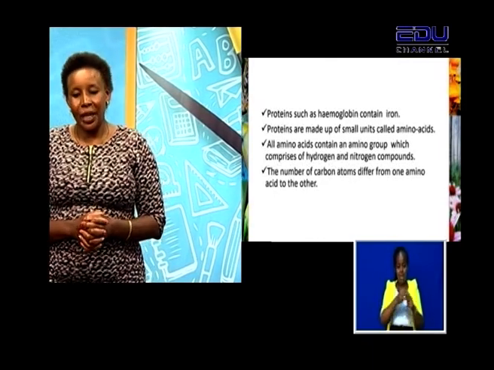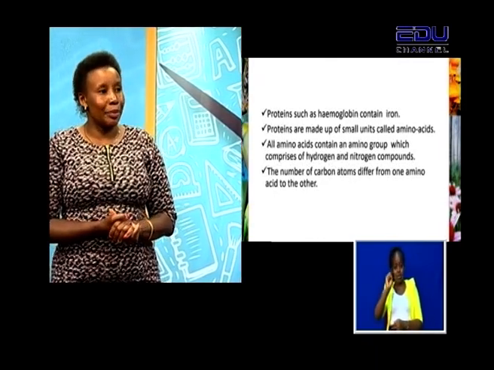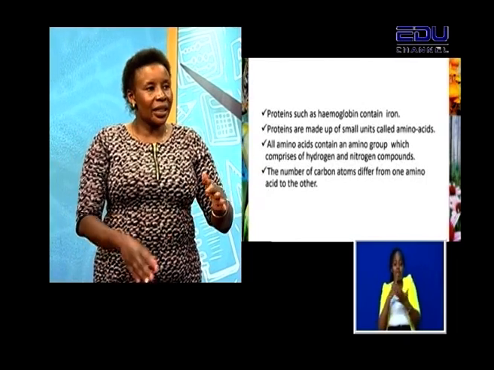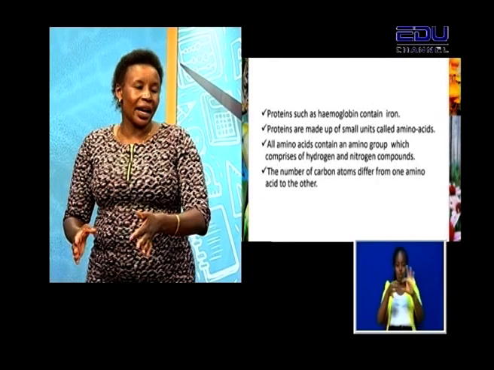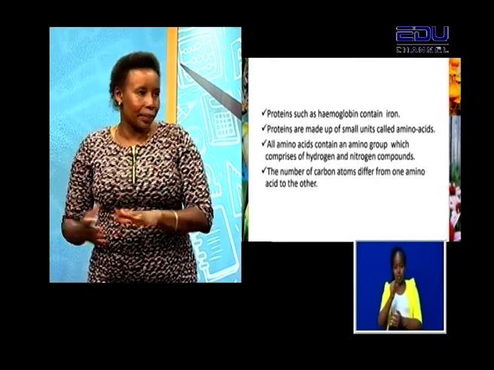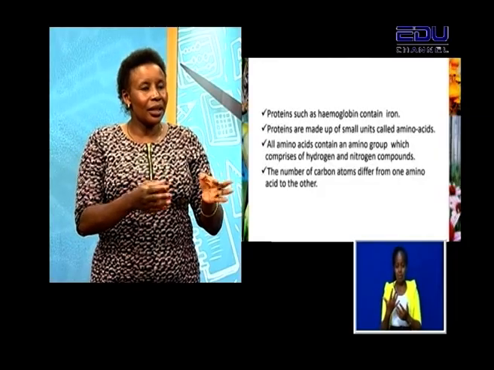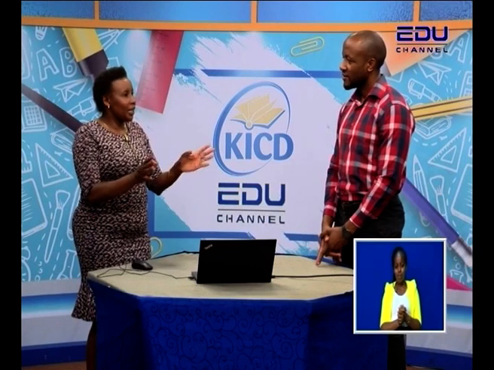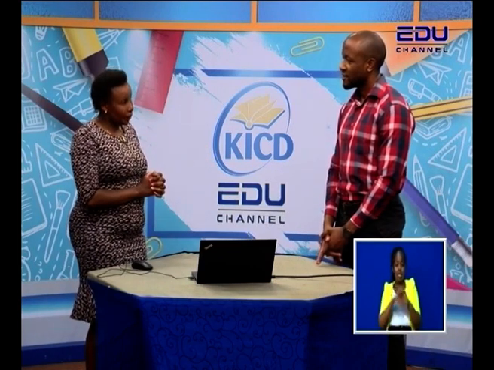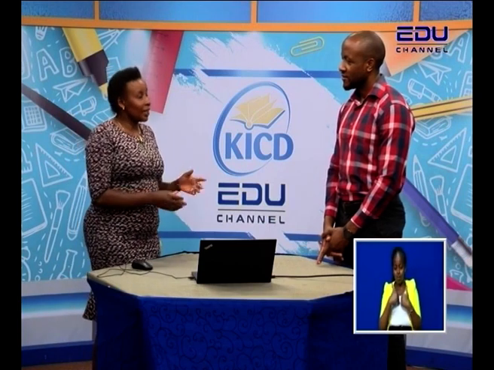Something interesting about proteins is that some proteins are able to combine with other compounds or substances. A protein is able to combine with a non-protein substance, a property that we are going to see later. We have a protein such as hemoglobin.